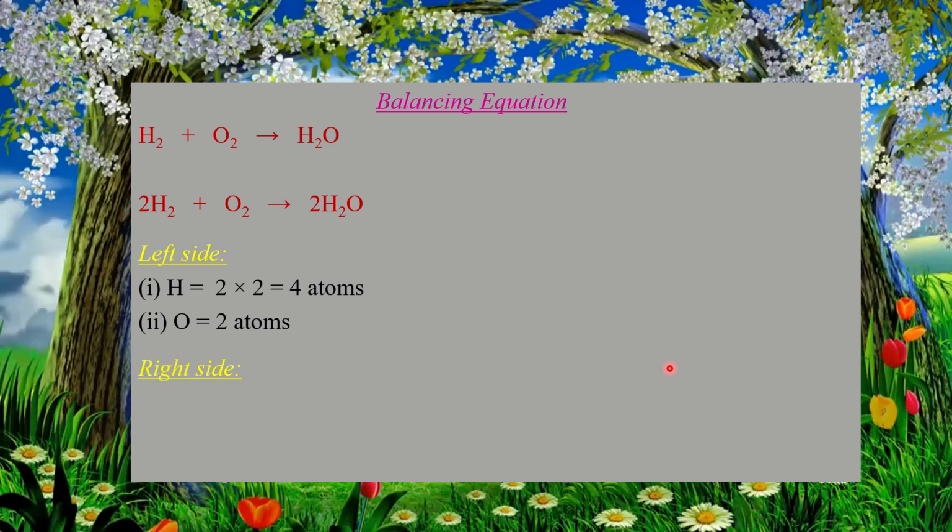And on the right side, hydrogen: in 1 molecule of water there are 2 hydrogen atoms, so in 2 molecules of water there are total 4 atoms of hydrogen. And in 1 molecule of water there is 1 oxygen atom, but in 2 molecules of water there are 2 oxygen atoms. So oxygen is also 2 atoms.